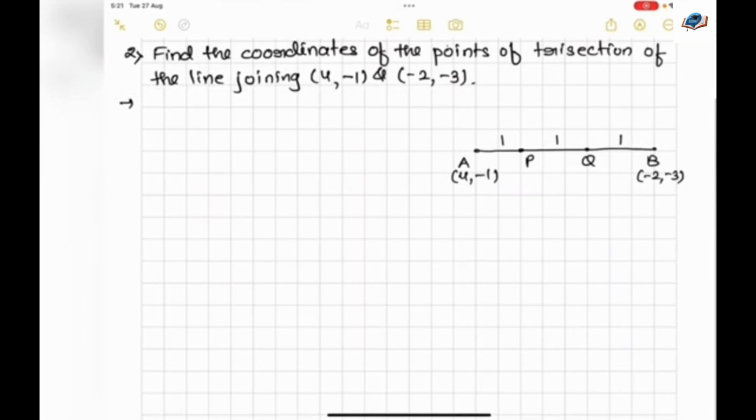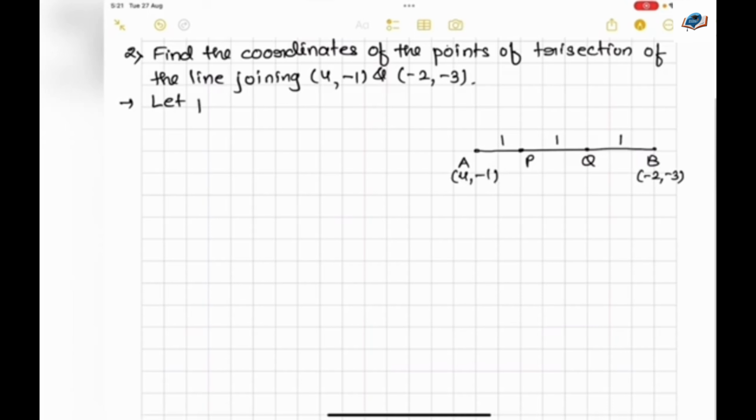Now next question says find the coordinates of the points of trisection of the line joining (4, -1) and (-2, -3). So I have drawn a line AB with the given points, and P and Q are the 2 points at which they are dividing the line into 3 equal parts. So let me write the statement also.